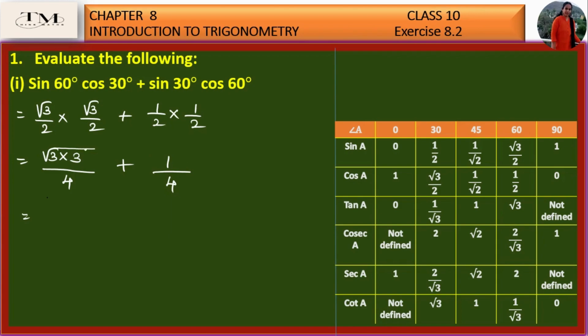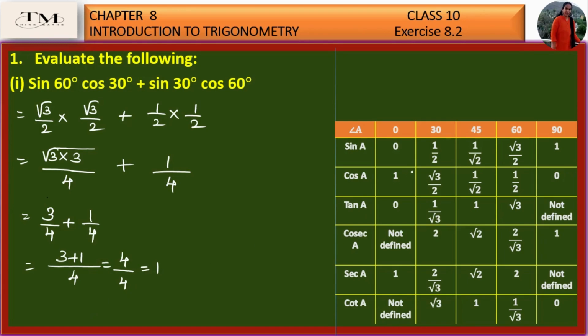If in a square root the number is in a pair, the answer is that number. So it is 3 by 4 plus 1 by 4. Here the denominators are the same, so the LCM is 4. There will not be any change in the numerator, so it is just 3 plus 1, which is 4, divided by 4, equal to 1.